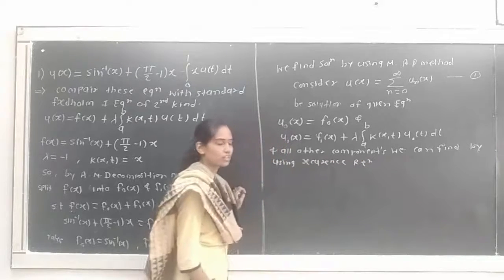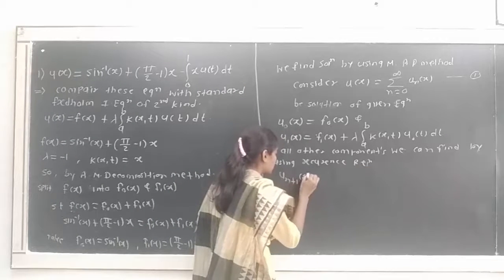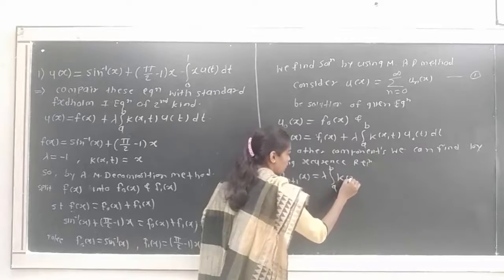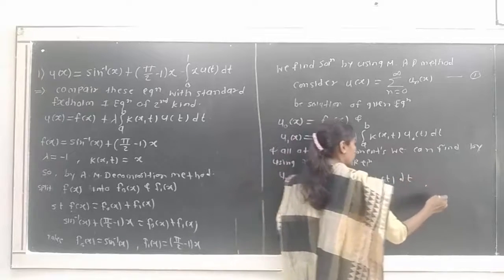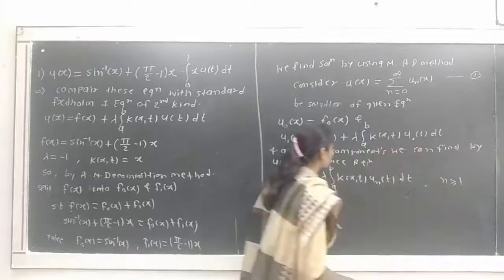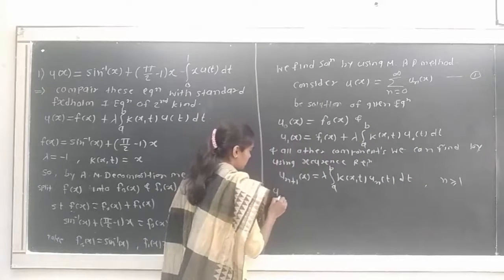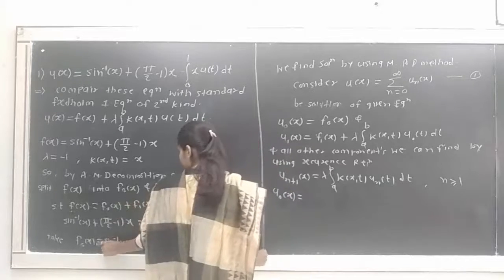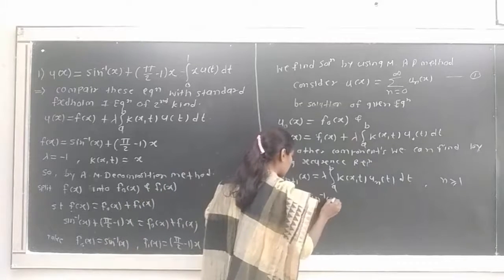We know the recurrence relation from the previous lecture, that is un plus 1 of x is equal to lambda integration from a to b k of xt into un of t dt, for n greater than or equal to 1. So first we consider u0 of x equal to f0 of x, which is sine inverse x, so u0 of x is equal to sine inverse of x.